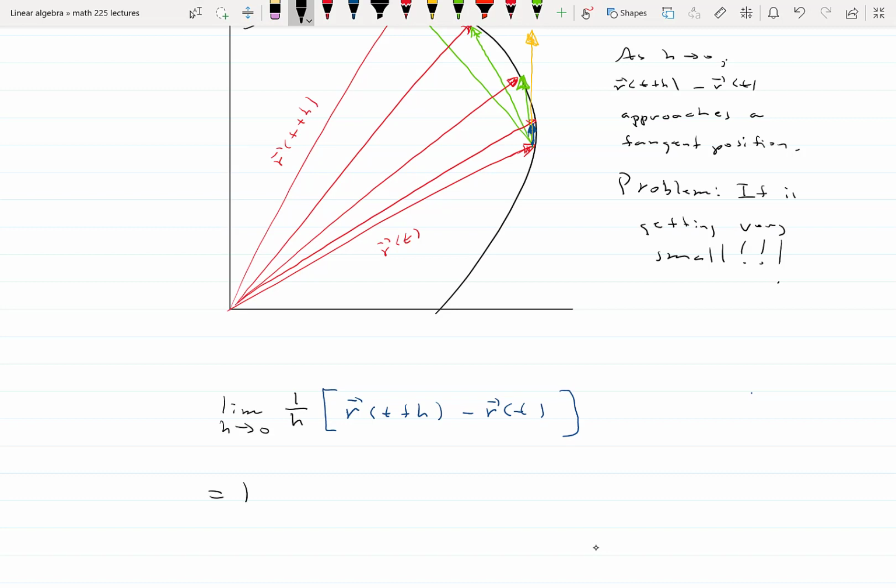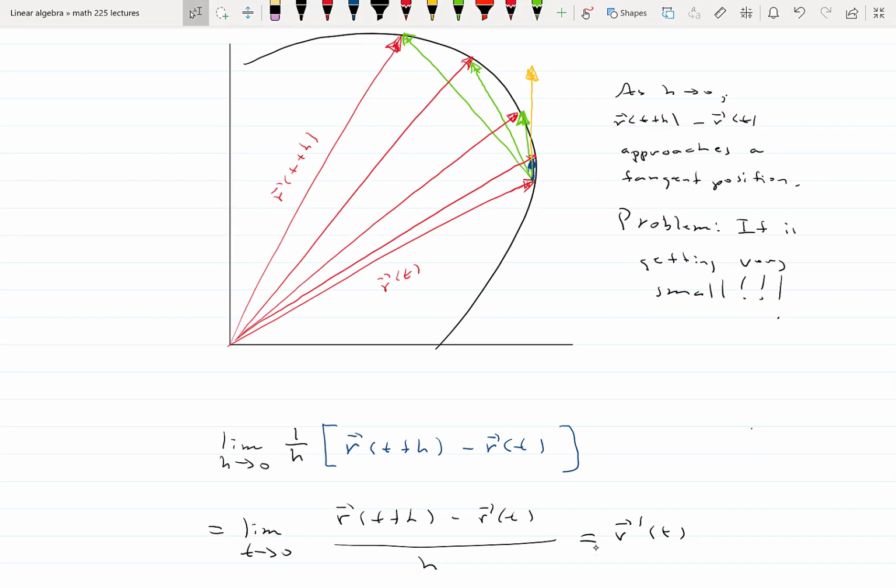If I write this in the simpler notation, this is just the limit of r of t plus h minus r of t over h. That is r prime of t. And in the limit, it should look something like this vector that I'm going to draw in a nice bright red.